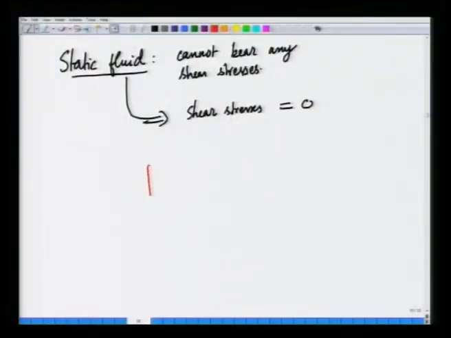Since we are considering only static fluids where there is no motion, there cannot be any shear stresses. So, if you take a volume element in a static fluid, on each and every surface the force can act only purely normally.